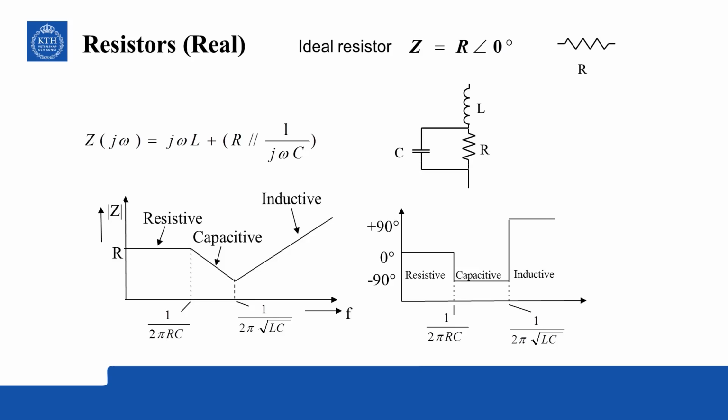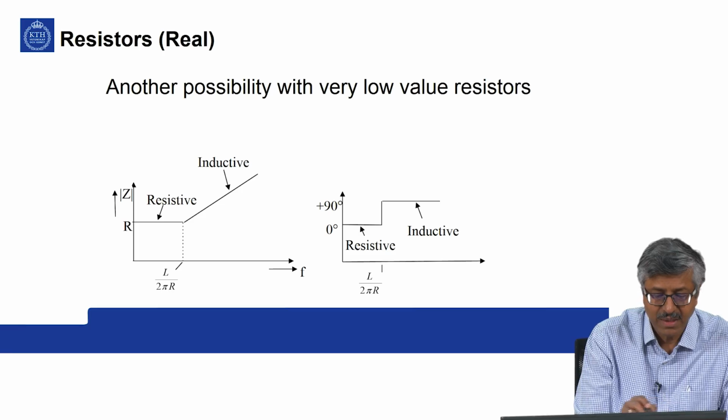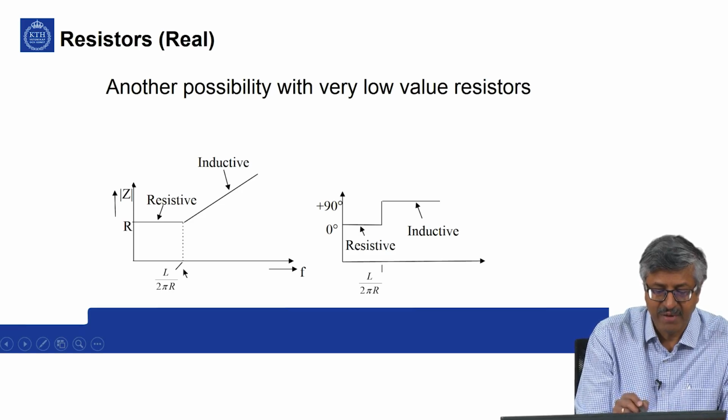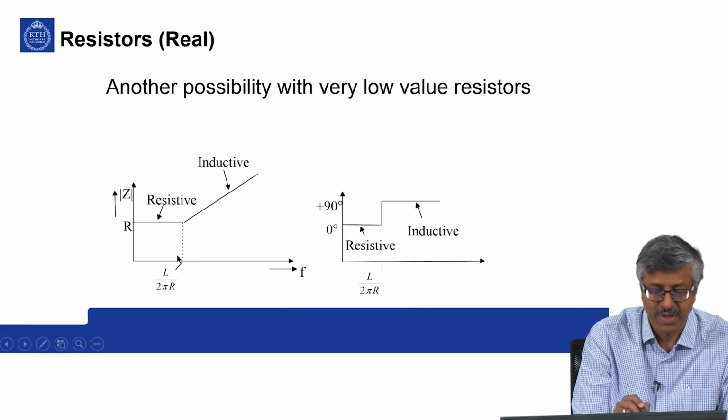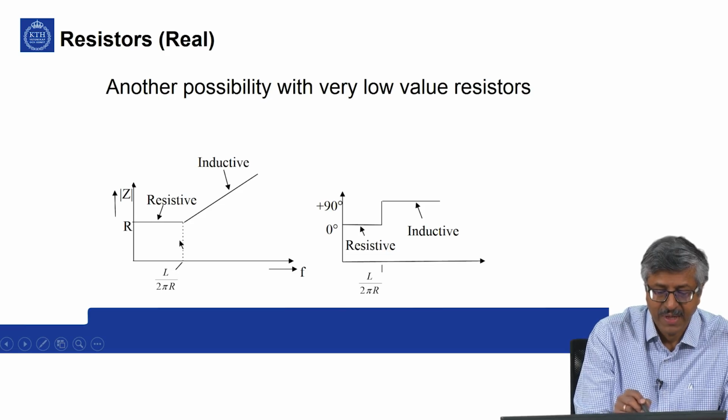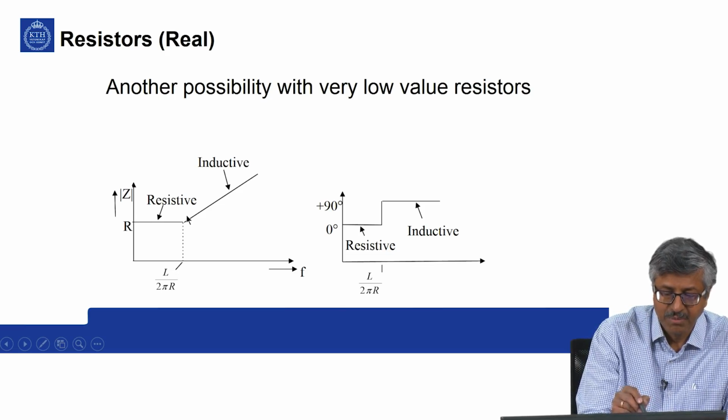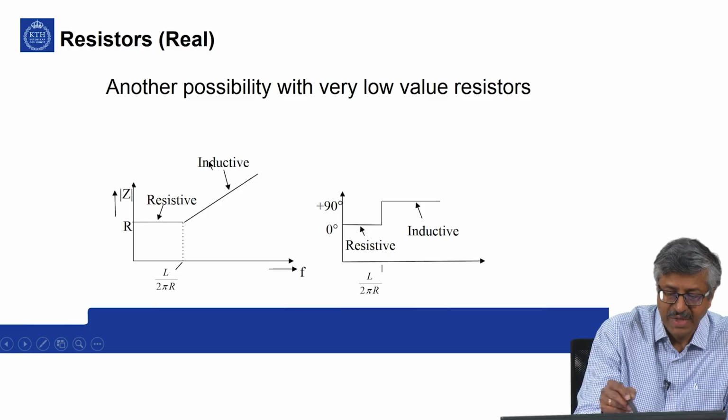and the capacitive impedance, that is the parallel branch, still remains very large. So what happens in that case? This is still very large, so this is negligible. You have only L and R in the circuit. So in that case, at this frequency, when R is equal to 2 pi f L, then beyond this frequency, you have inductive 20 dB per decade increase.